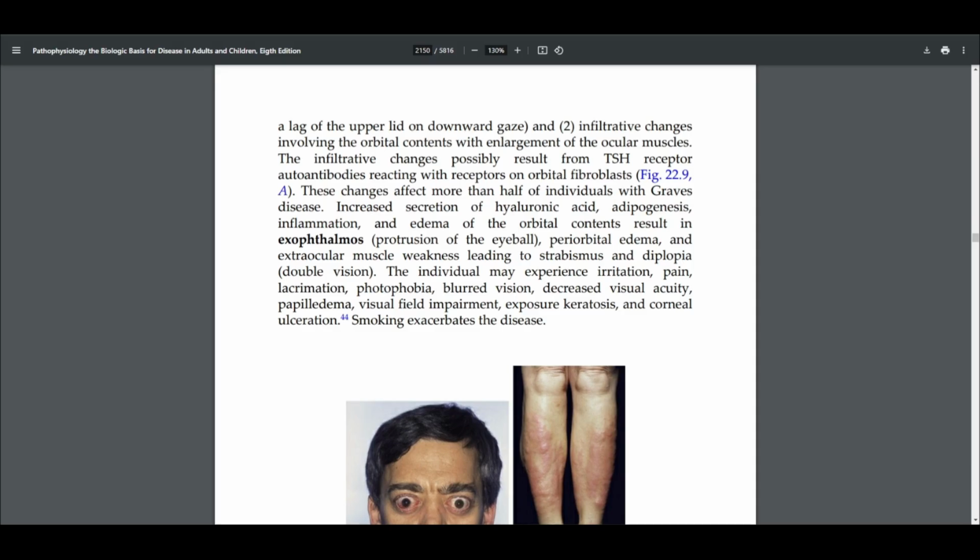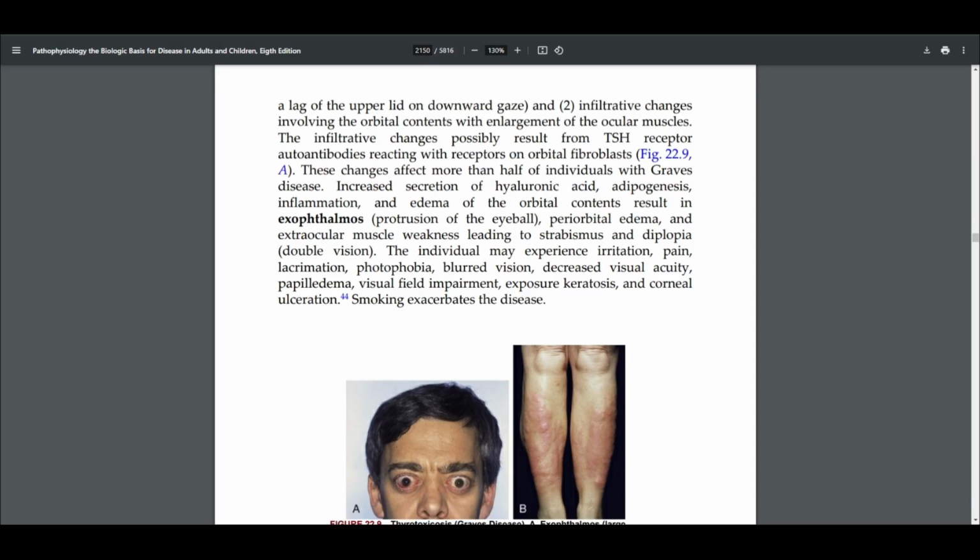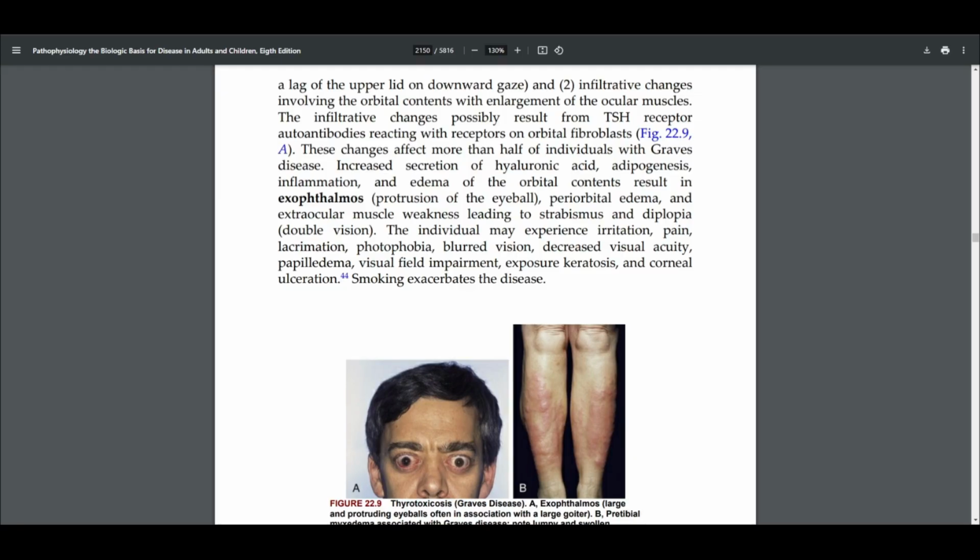The infiltrative changes possibly result from TSH receptor autoantibodies reacting with receptors on orbital fibroblasts. These changes affect more than half of the individuals with Graves' disease.